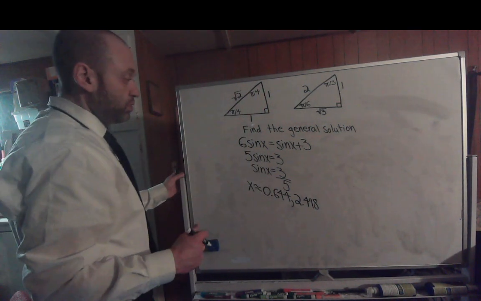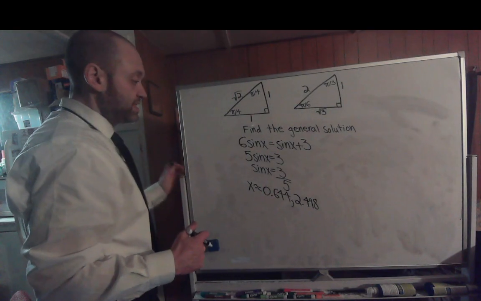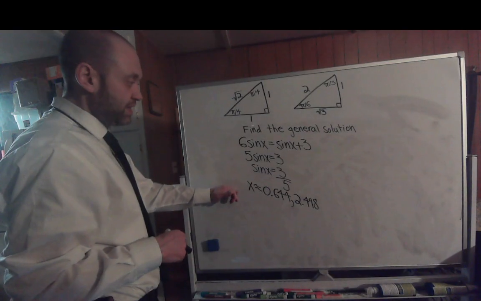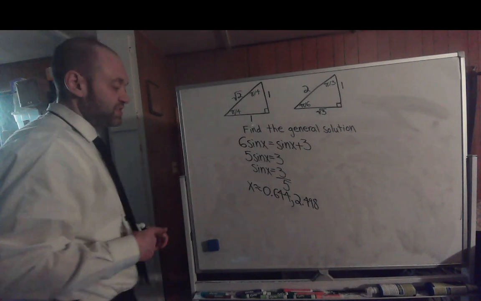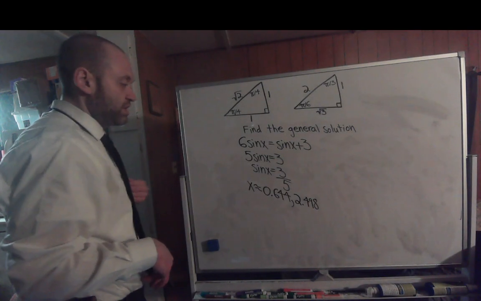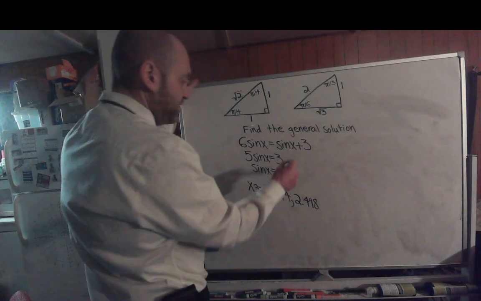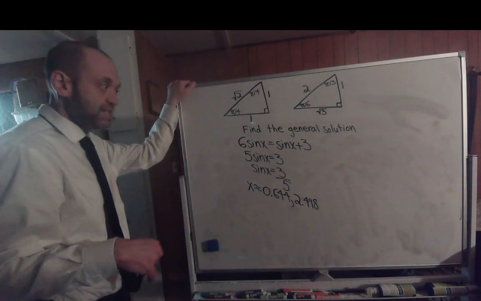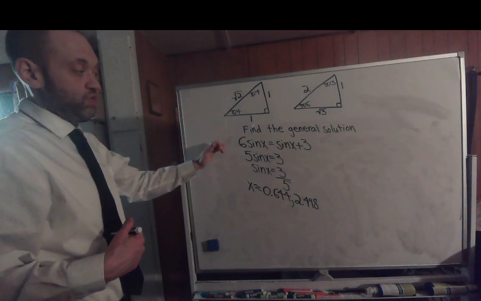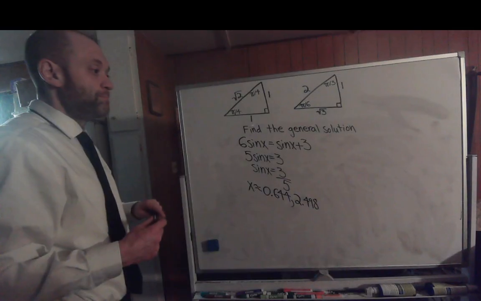And so we know you would end up getting, of course, 3/5. Well, 6 times 3/5 is 18/5. So that would be 15/5 plus 3/5, which is 18/5. So this would actually end up working then.